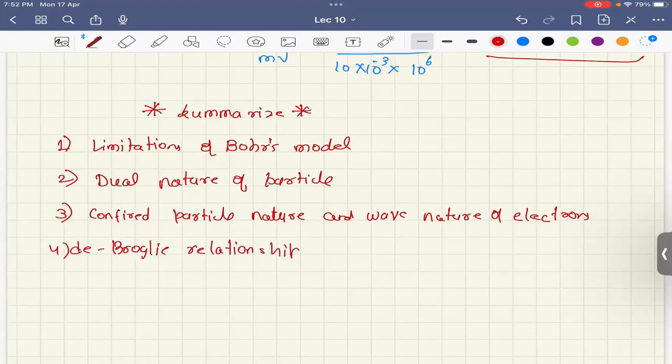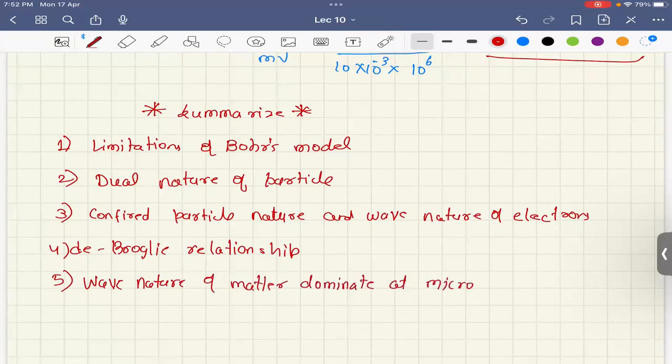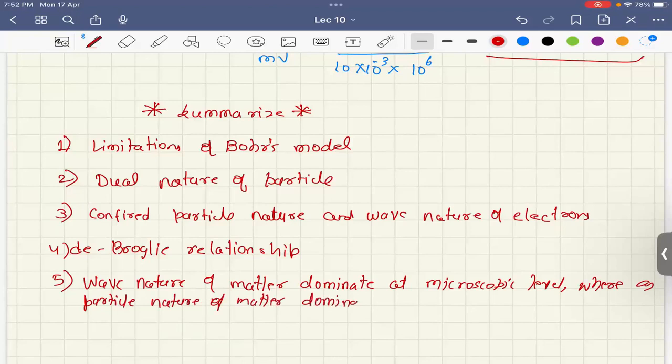Then we have calculated, using this de Broglie formula, that the wave nature of matter dominates at the microscopic level, whereas the particle nature of matter dominates at the macroscopic level, right?